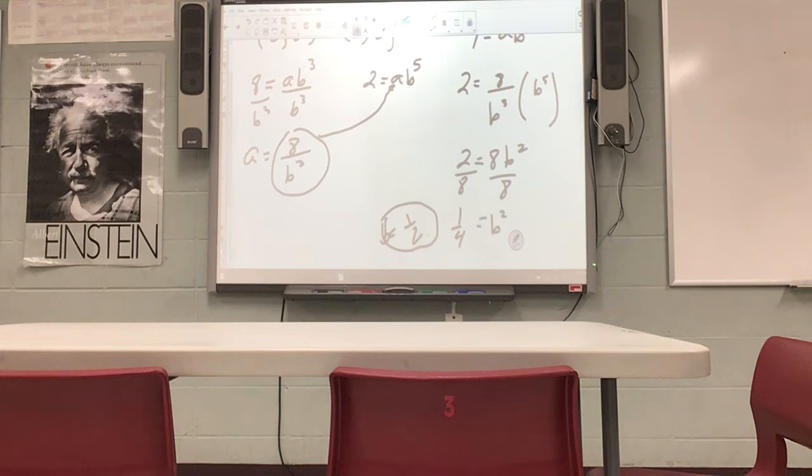So now we've got to plug 1/2 back here. So I have to do 8 divided by (1/2) cubed. So 1 cubed, 1 times 1 times 1 is 1. 2 cubed, 2 times 2 times 2 is 8. So you've got 8 divided by 1/8. No. Remember when you divide by a fraction, you multiply by its reciprocal?